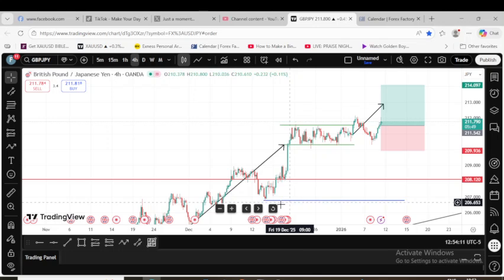We could probably also go down to the 1 hour time frame to reduce our risk.